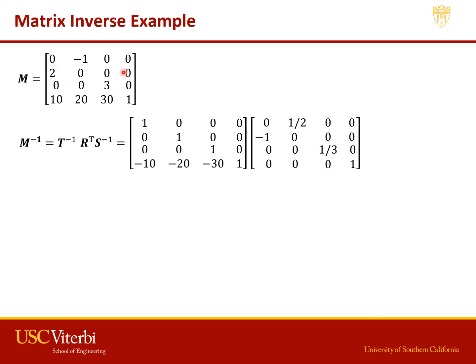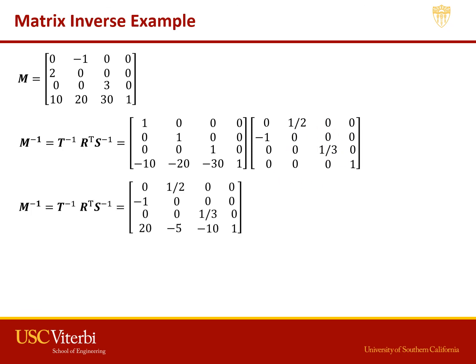So here's the original matrix. Here's my T inverse, my RS inverse, and I multiply them out, and I should get this. So I just duplicated this 3x3, and then I have to multiply out across the bottom. See, I can't just write the numbers. I have to actually multiply that out.